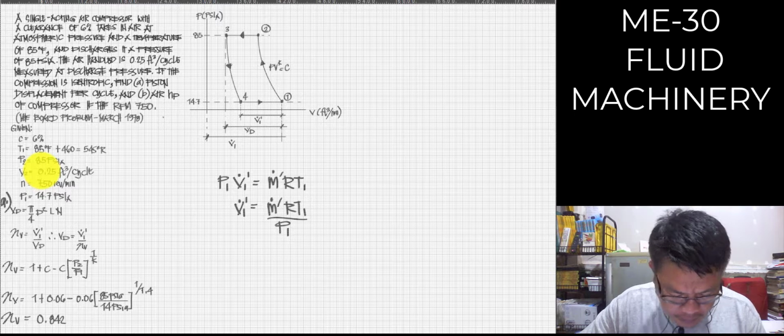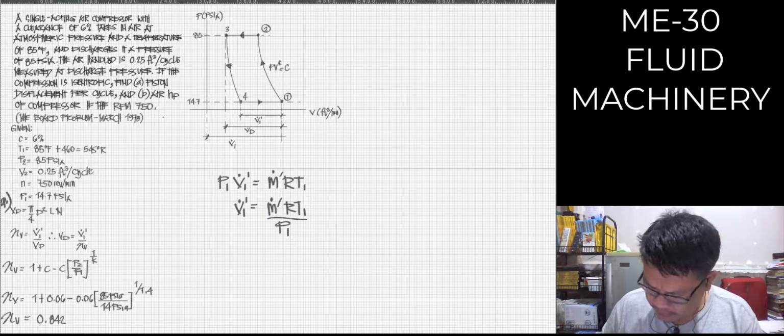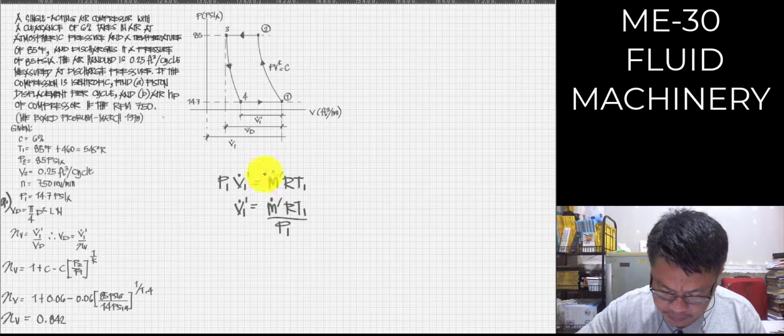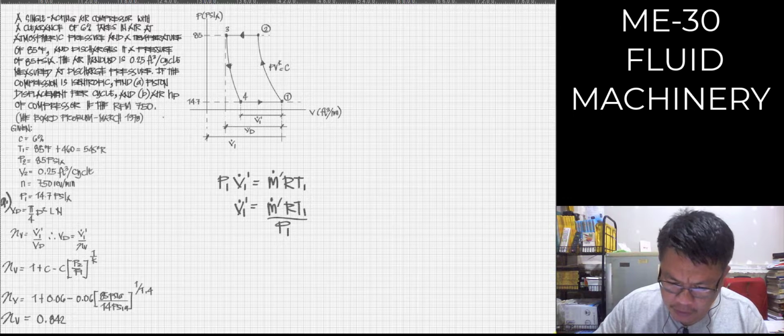Now what we don't have is the value of the mass flow rate. Let's try to get the value of the mass flow rate at point 2. Okay, so let's try to do that one.